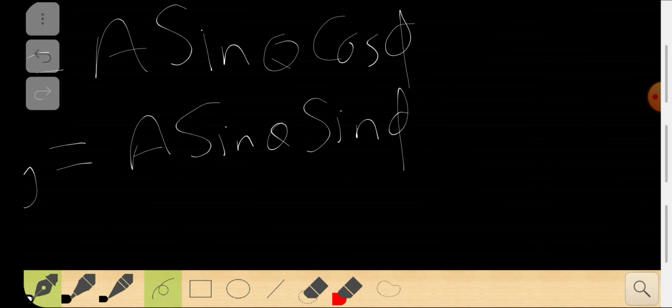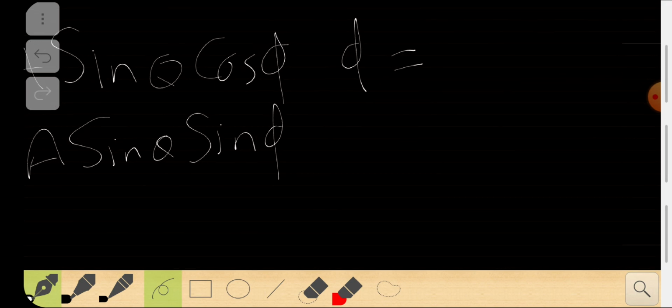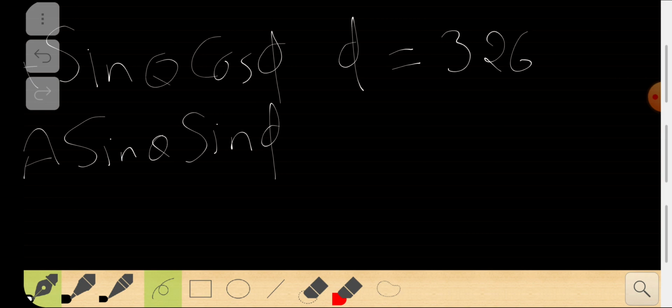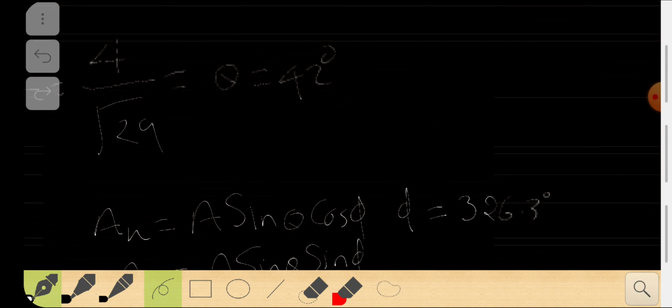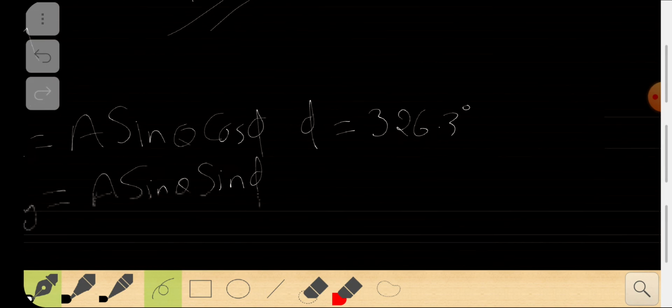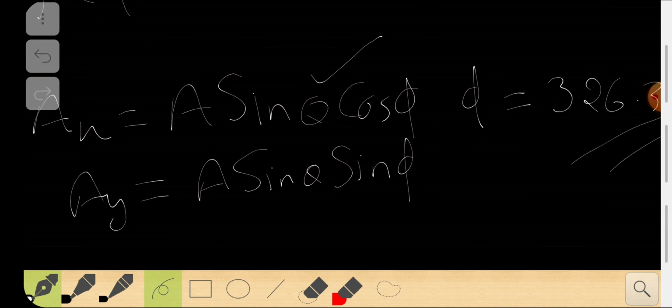Now you get phi if you solve this; I leave that to you. If you solve this, you get phi, which is equal to around 326.3 degrees, and you get a theta value, which we already got, which is 42 degrees. So we will get theta and phi. You can substitute the theta value here, and you know the A value, and you can find out the phi value.